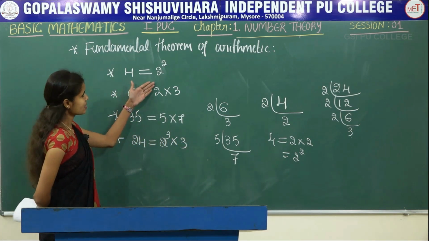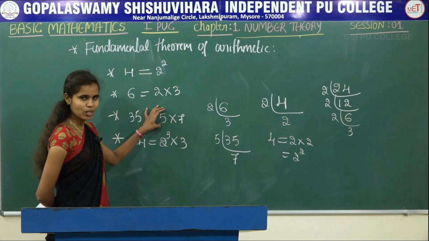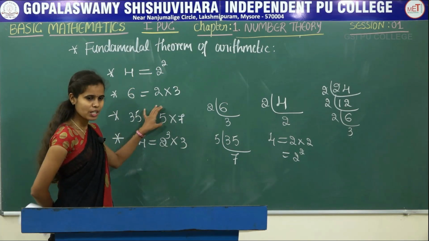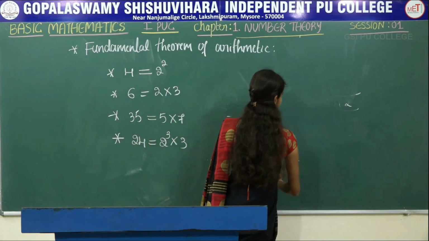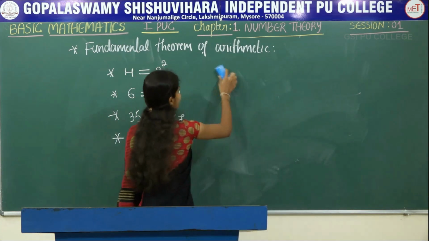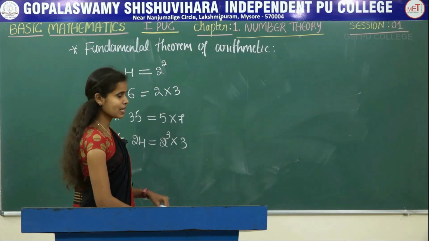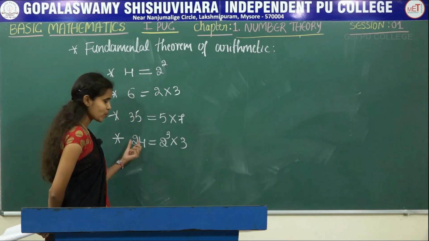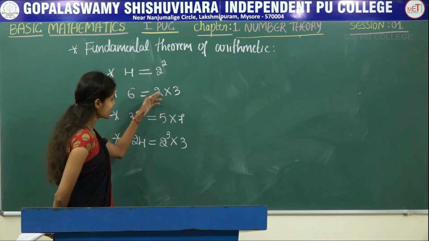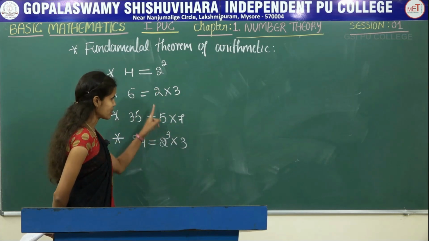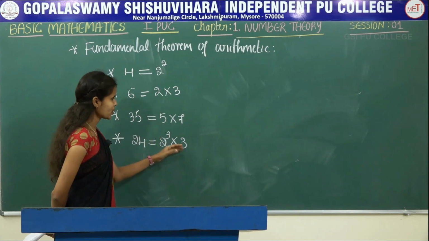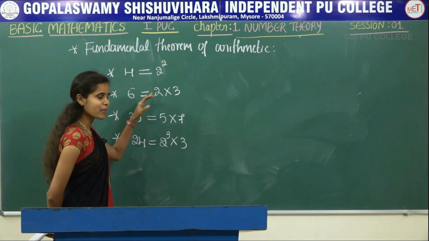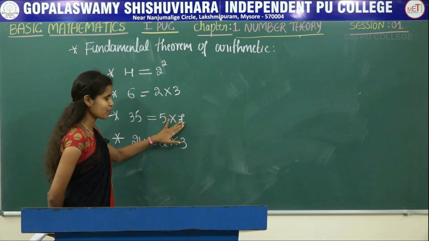So this representation is also called the prime factorization theorem. Fundamental theorem of arithmetic states that every composite number can be expressed as a product of prime numbers. Here observe 2, 3 are prime numbers, 5, 7 are prime numbers.